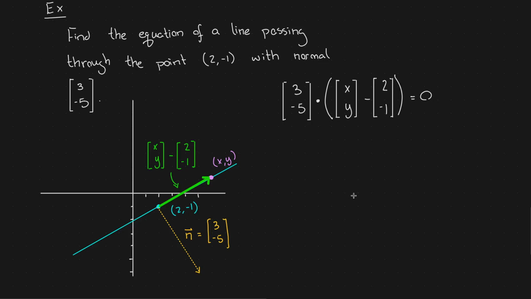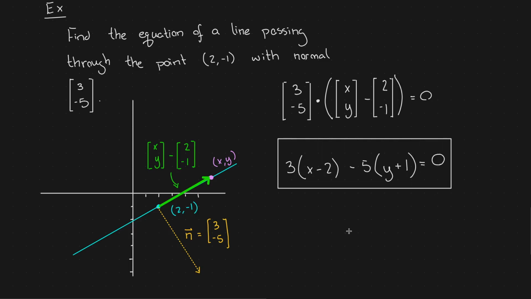Okay? I'm going to do the vector arithmetic a little fast. If I subtract these two vectors and then take the dot product with the other one, I get 3 times (x minus 2) plus -5 times (y minus -1). Okay? And so technically we have the equation of a line right there.